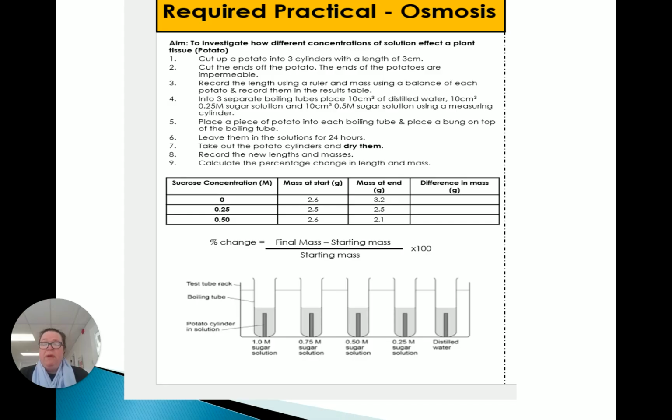Okay, so basically what we're doing in our steps is we are cutting potato cylinders. So when I say cylinders, you probably used a cork borer, and we're cutting this kind of effect from the potatoes, and they've suggested lengths of 3 centimetres.